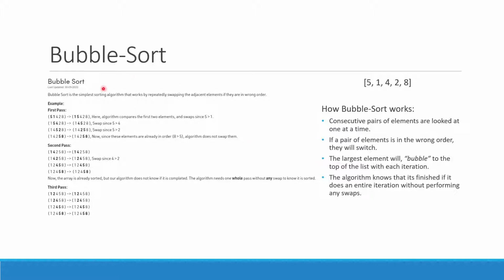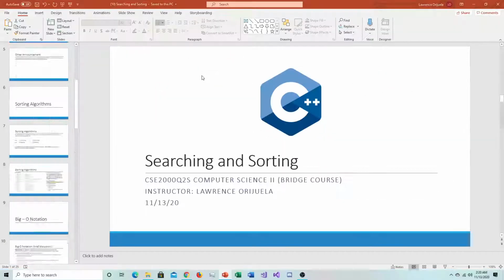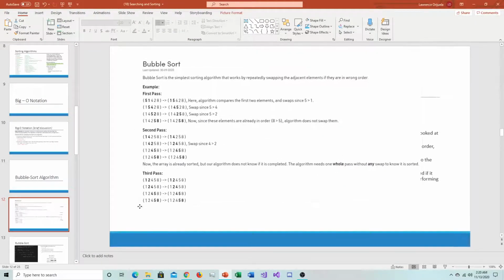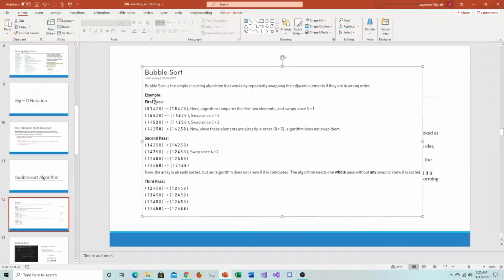Now, I listed an example here, which uses the very integer array that you see right here. So I think I want to make this a little bigger so you can see it. Okay, I think that's good.